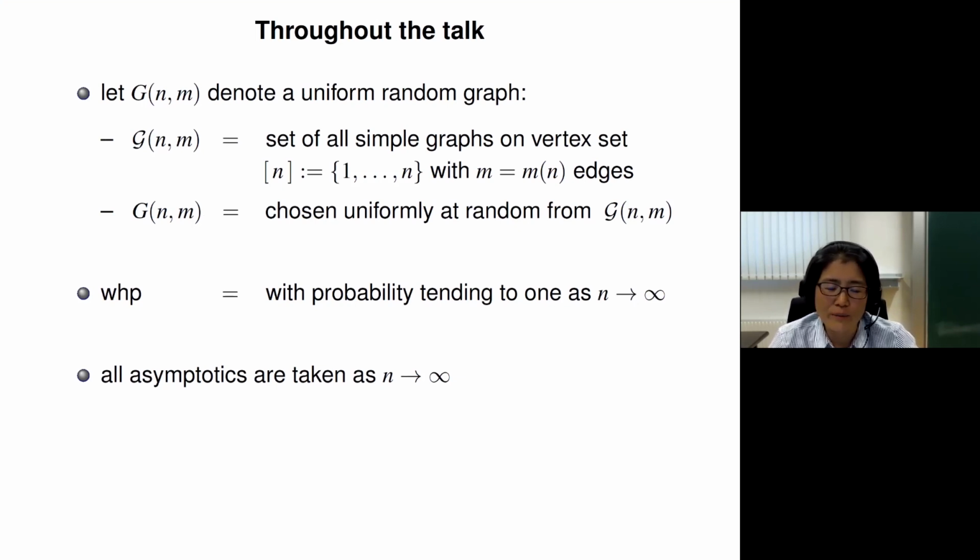There are many names. Throughout the talk, we often study properties that hold with probability tending to 1 as n tends to infinity. We just say it holds with high probability, or WHP in short. All the asymptotics throughout this talk are taken as n tends to infinity. So many parameters will depend on n. This is the setting.